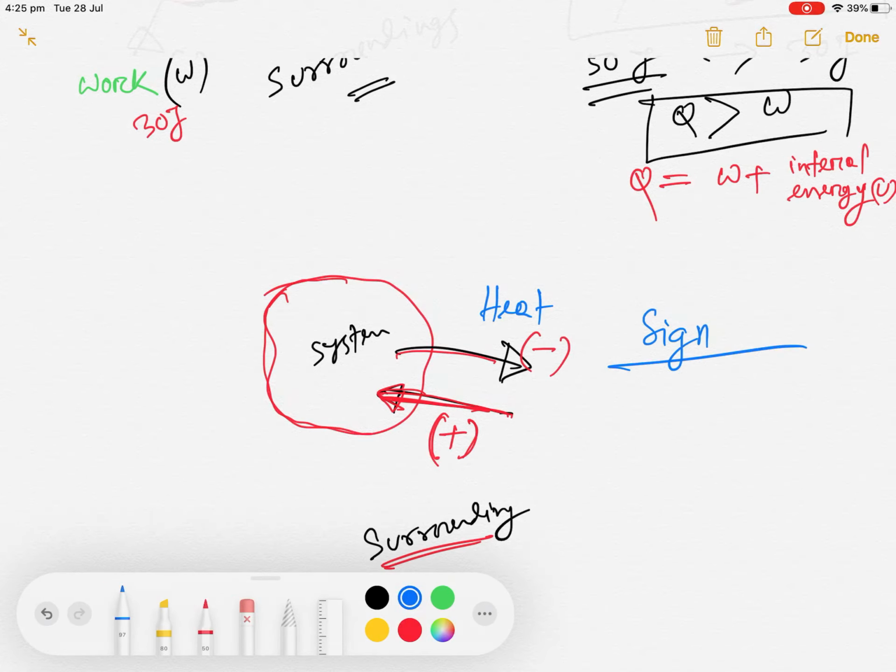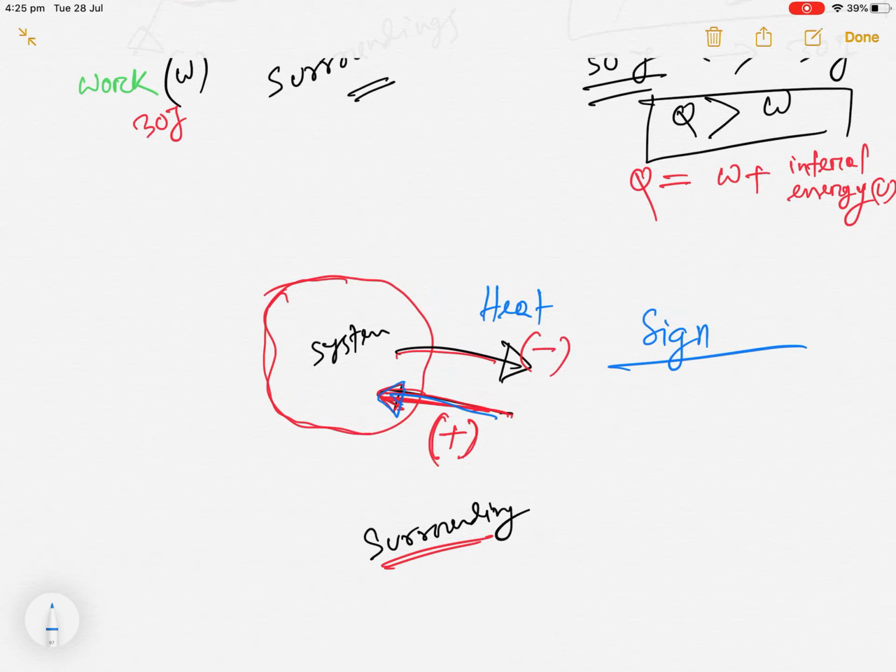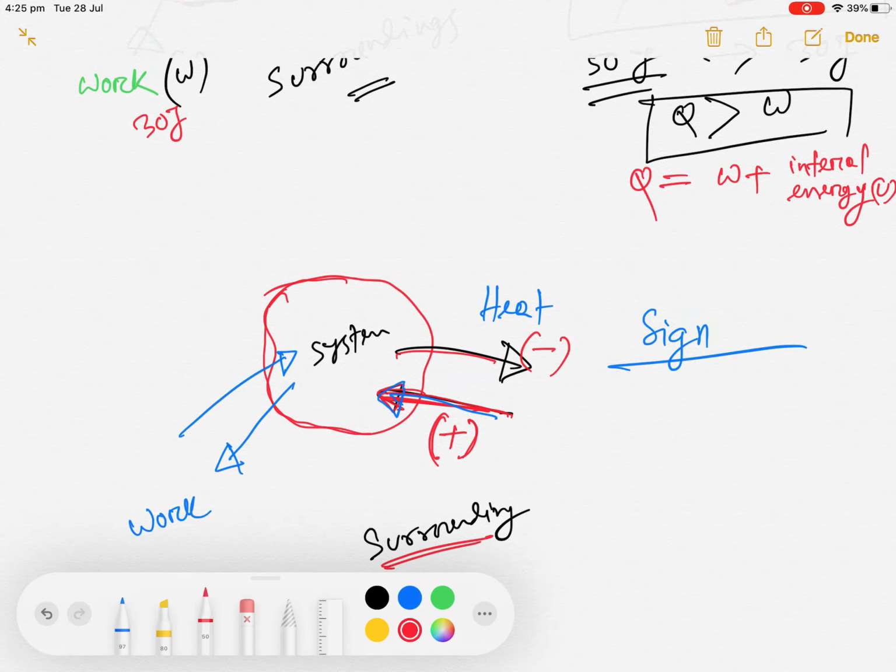If we now think about the work, similar thing, when we are applying energy to the system, it will convert this energy into work. So let's say this is work. Or if we supply some work to the system, what will be the sign convention for these cases? We can say work is a high grade energy. We said for heat it is low grade energy.